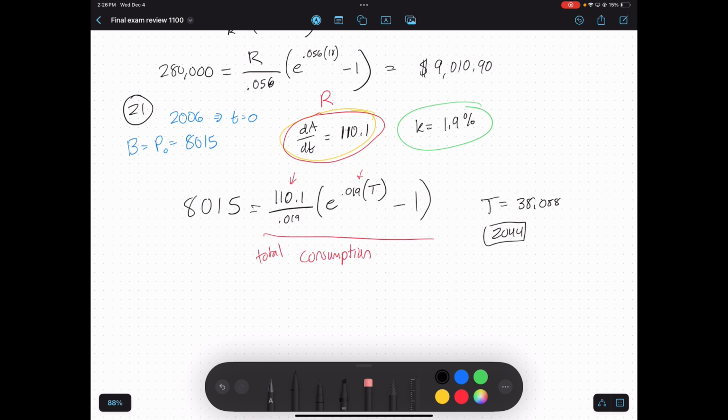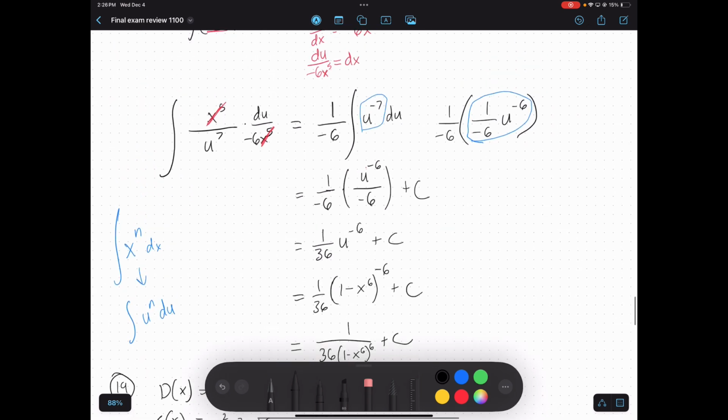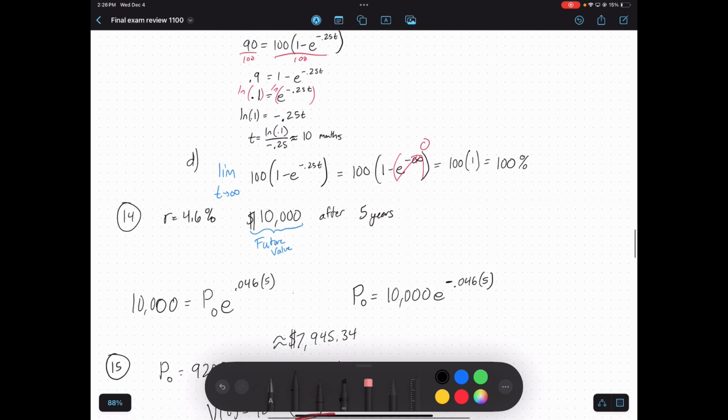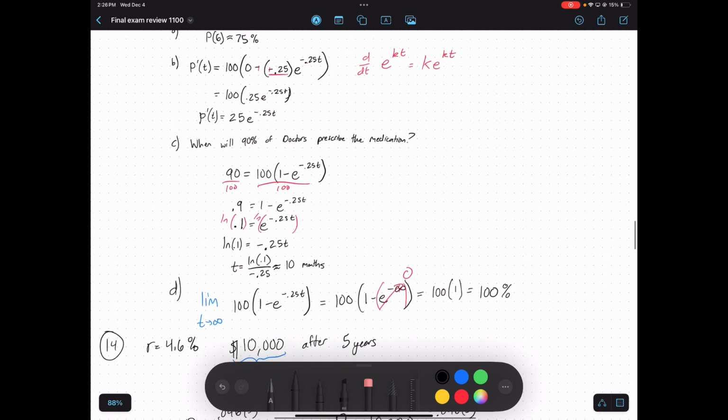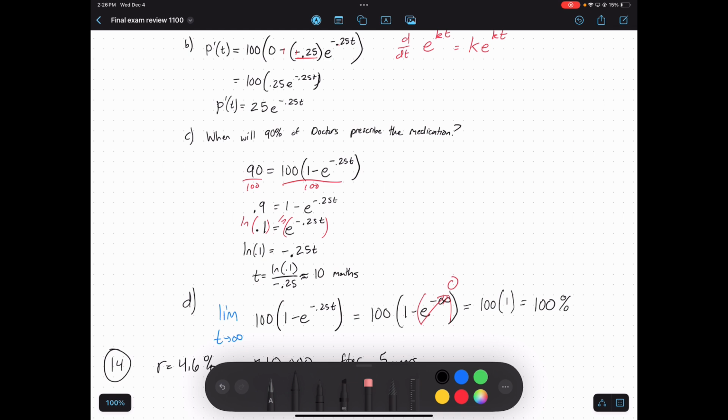How would you even take the t out of the exponent to solve for it? Oh, great question. We've already talked about this a little bit earlier. It was one of these chapter 3 problems, right here, with that doctor problem. When will 90% of doctors prescribe the medication?